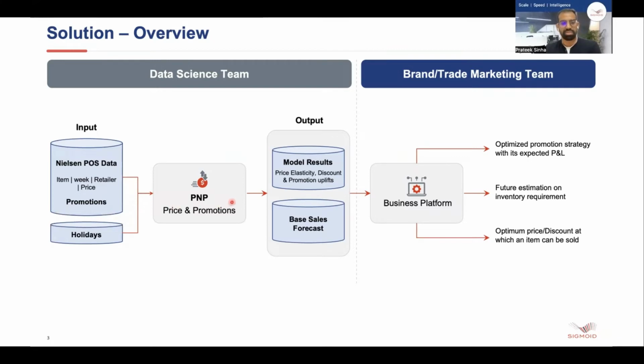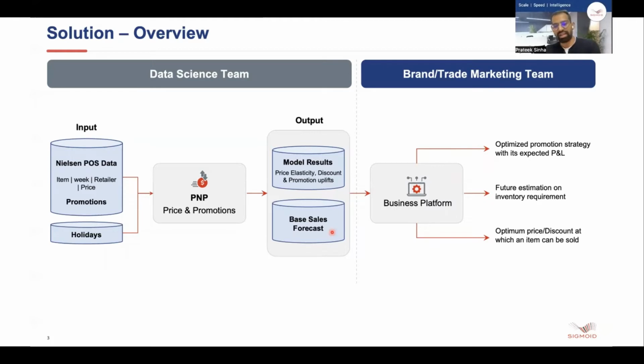This would go into PNP and give model results, which is basically price elasticity, discount, and promotion uplifts. These are values which tell us by changing 1% of price, how it will affect the sales of that product. Similarly for other features as well. The other output that we were generating is base sales forecast, which is the sales forecast without the effect of promotions.